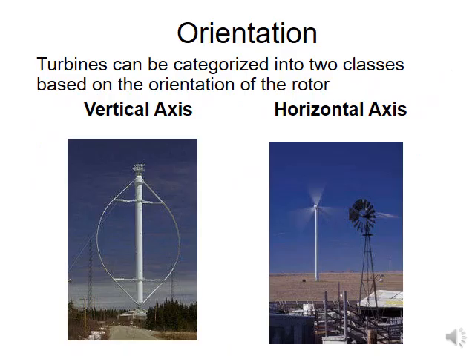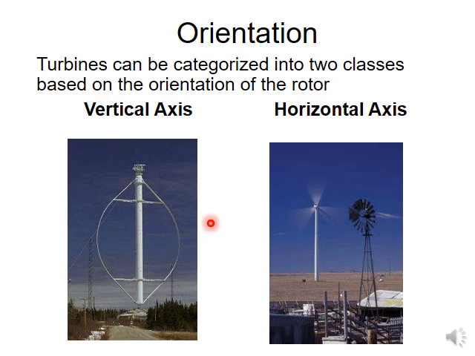Move to the next. There are two broad classifications of this wind turbine depending upon the orientation of the rotor blades. These two orientations are, one is the vertical axis and another is the horizontal axis. This vertical axis and horizontal axis are the axis of the rotor.